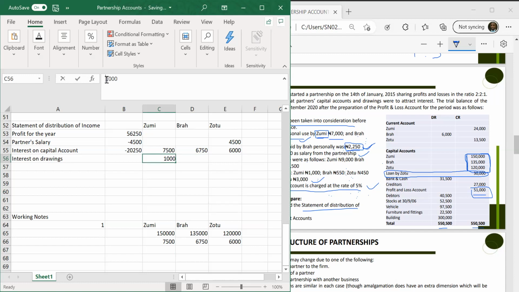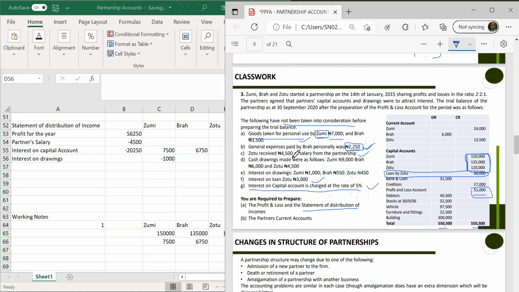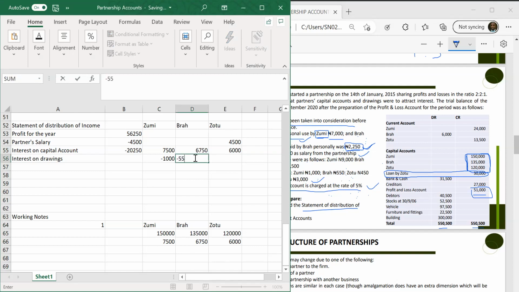So on this other side here, it will be a negative for Zooming because Zooming paid it. 550 minus 550. Then this one is 450. Then, what is the total of all this? That's 2,000 naira, right? So this one will be like an addition because we're adding it back.